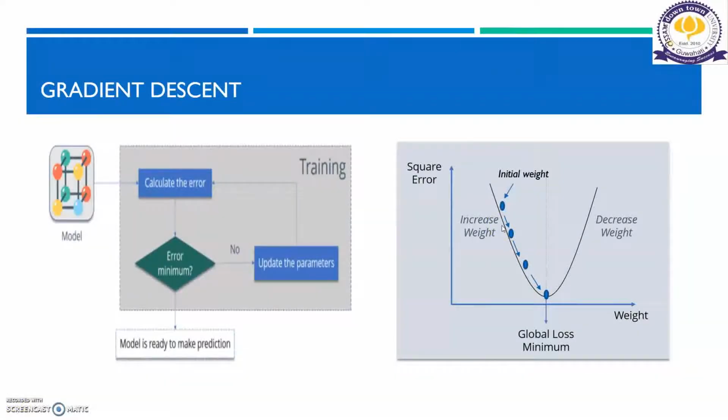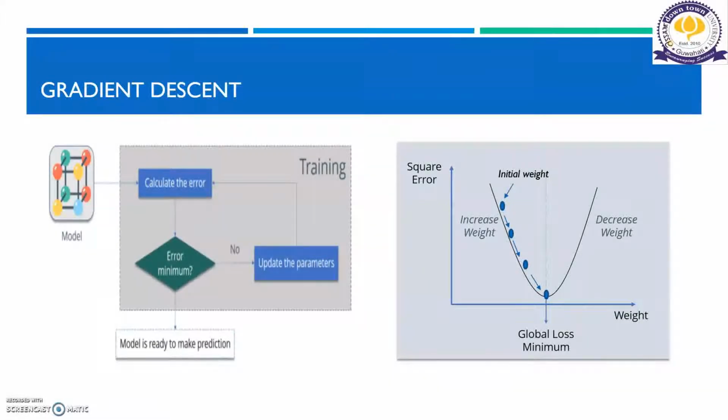On each iteration, we update the parameter in the opposite direction of the gradient until it reaches a global loss minimum. Remember, initially we just randomly initialize weights and bias. Just forget about the bias for a while, and think about the weights.